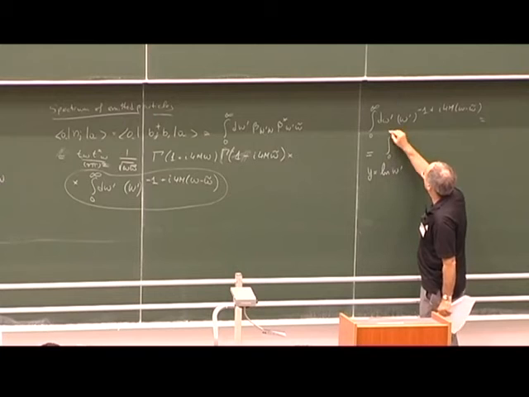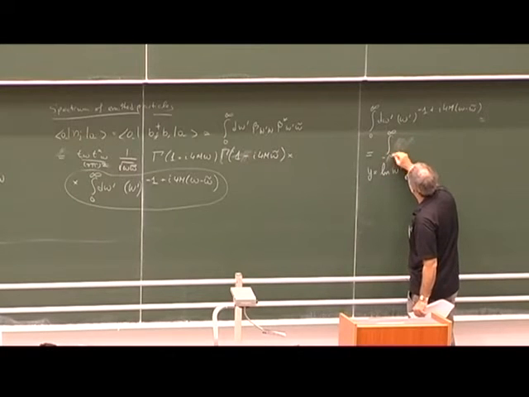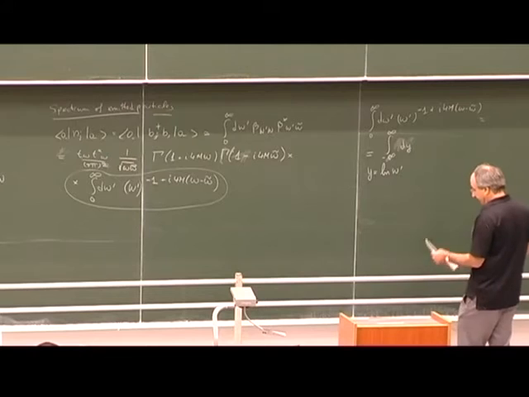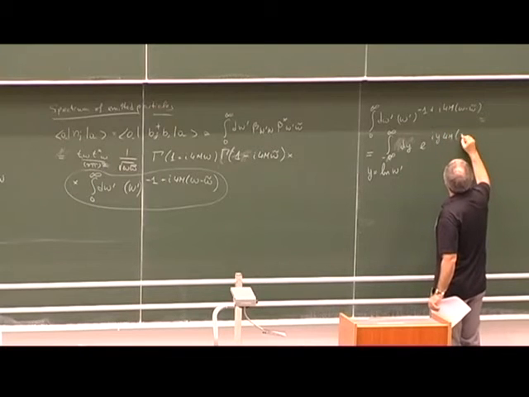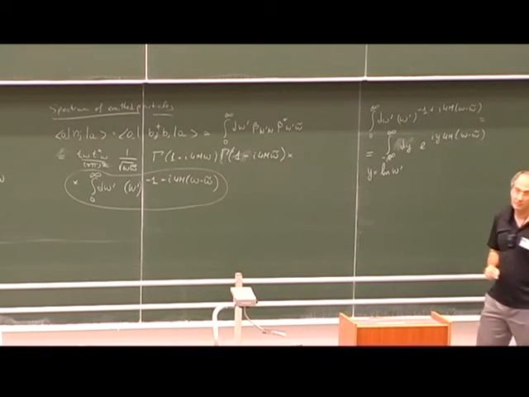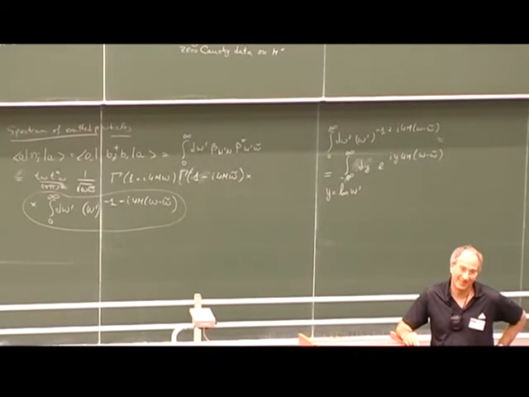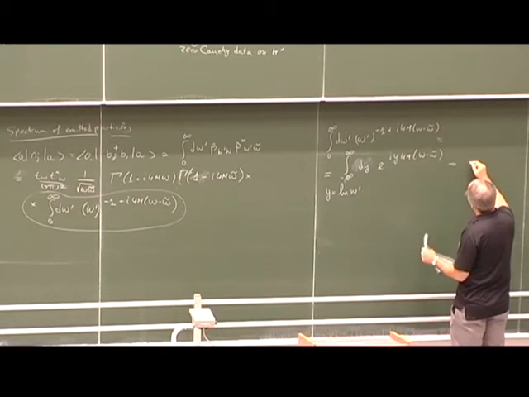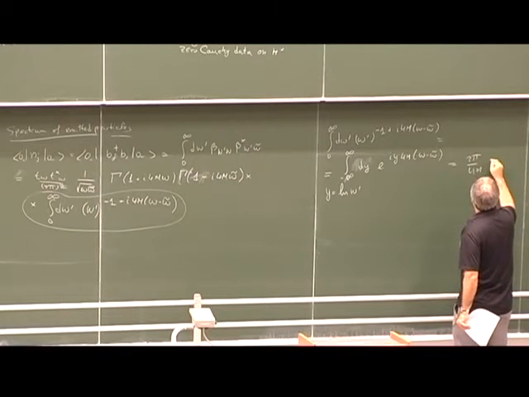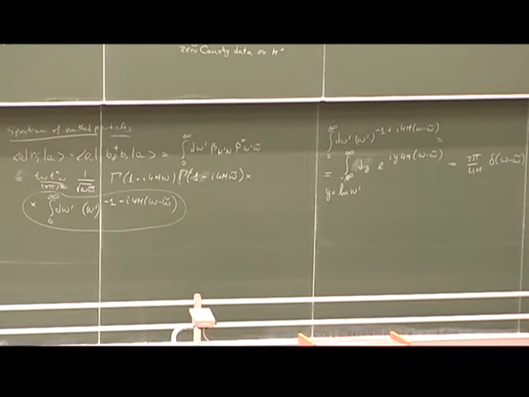And then this becomes the integral from minus infinity to infinity dy of e to the i y for m omega minus omega tilde. Now this integral you should recognize. Do you? Okay, it's a delta function, right? So what have we found?